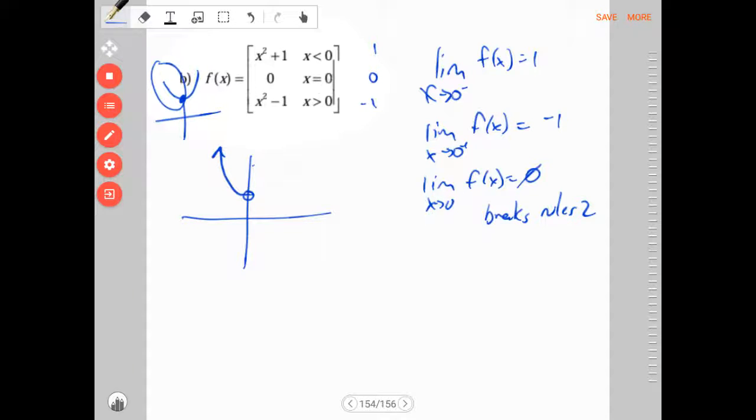Then at x equals 0, y equals 0, and that's a closed dot. Then x squared minus 1 looks like a parabola this way, but this time we're only interested in that part. So again, open circle at -1, and it goes like this. Quite clearly the limit as x approaches 0 from the left and from the right doesn't exist. It breaks rule 2.